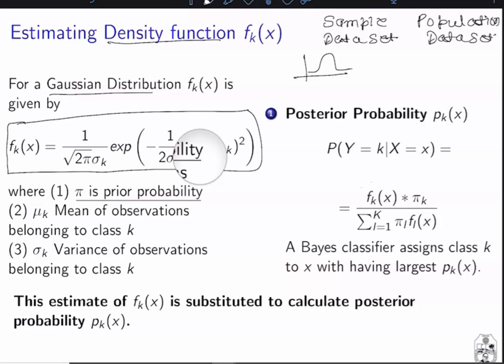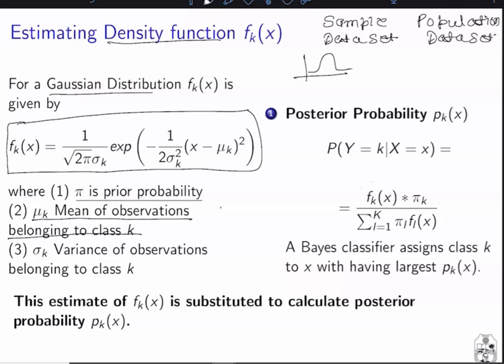Then mu k is nothing but the mean of the observations belonging to class k. Here our sample data set involves k classes. If it is a binary classification, there are two classes.